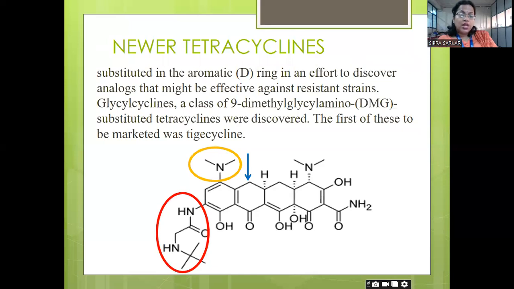That means in the aromatic ring, if it is substituted with a newer group, dimethylglycylamine, substituted tetracyclines are discovered. So these are the different newer drugs.